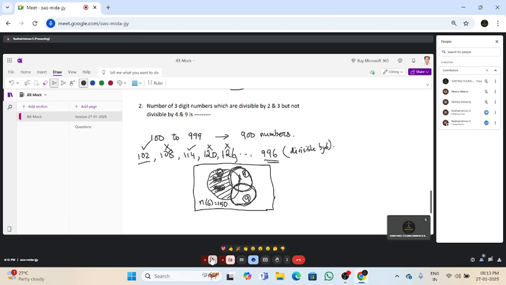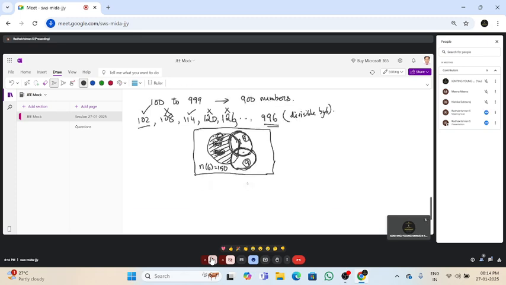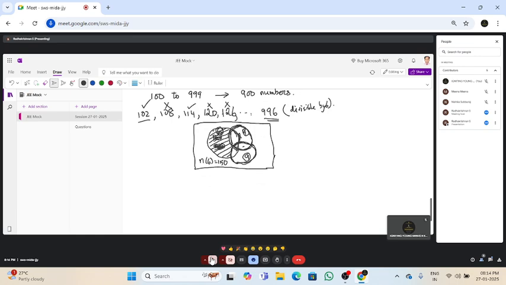But we are interested in this area. What we need is this area, and similarly this area. This area is the 4 and 6 intersection area. I write it as n of 4 and 6. Next, this area is 9 and 6.